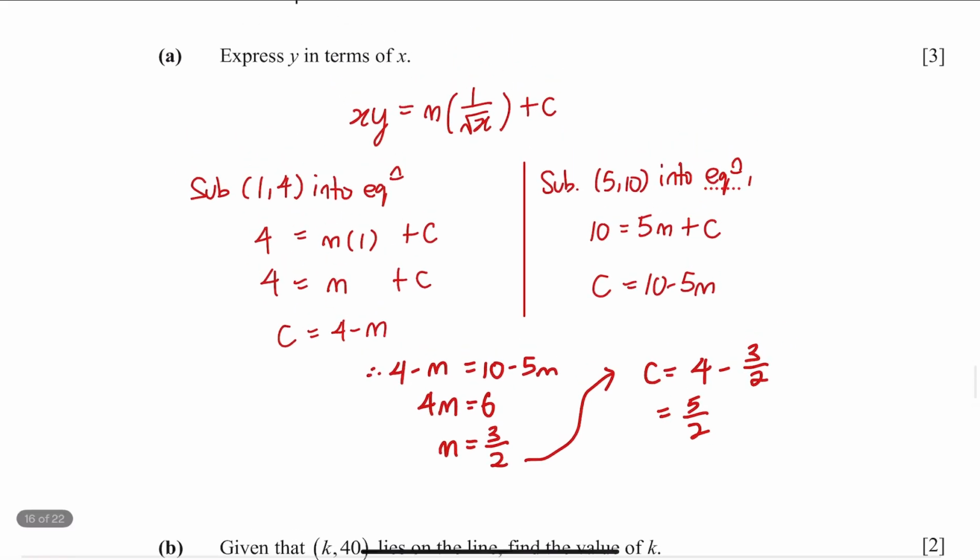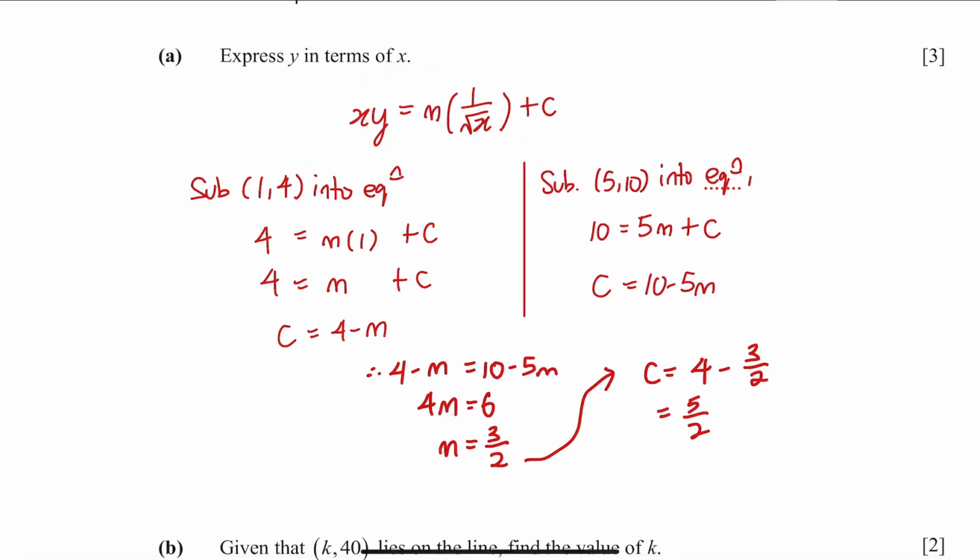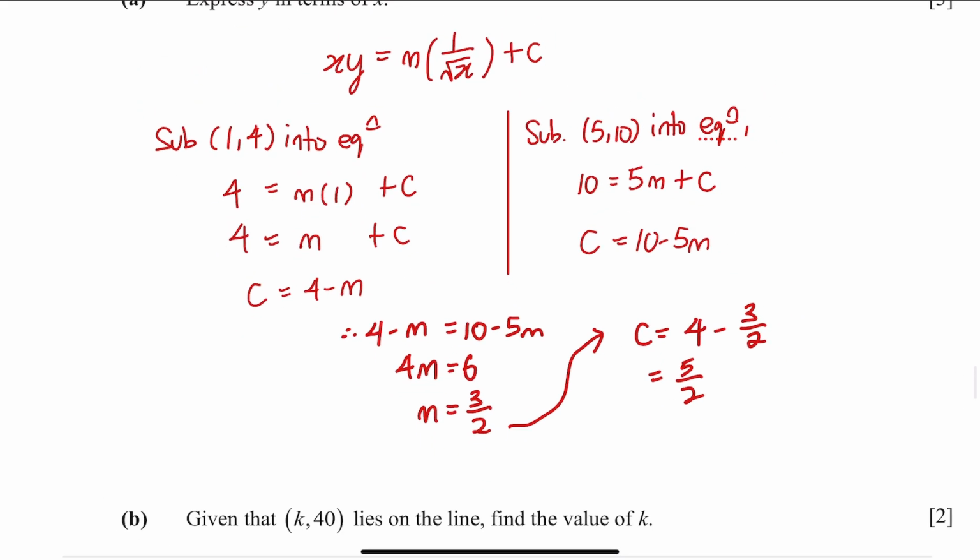So to express y in terms of x, I have found m and c. So xy is equal to 3 over 2 times 1 over root x plus 5 over 2.